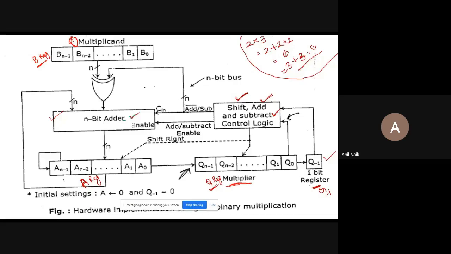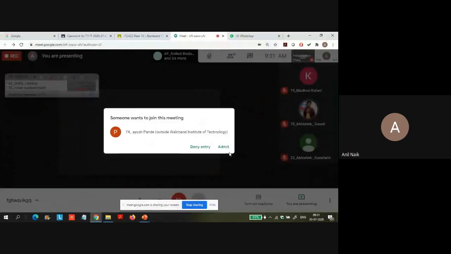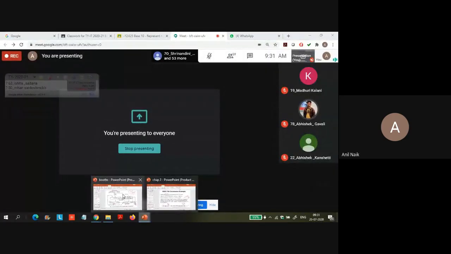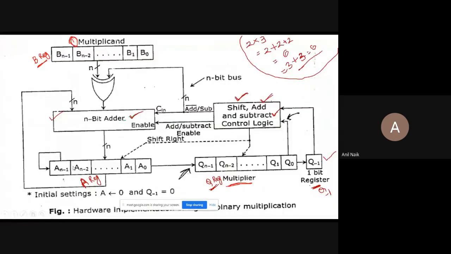The n bit adder is very important. If you don't know the concept, then you won't be able to perform the multiplication. You need to understand this hardware implementation.